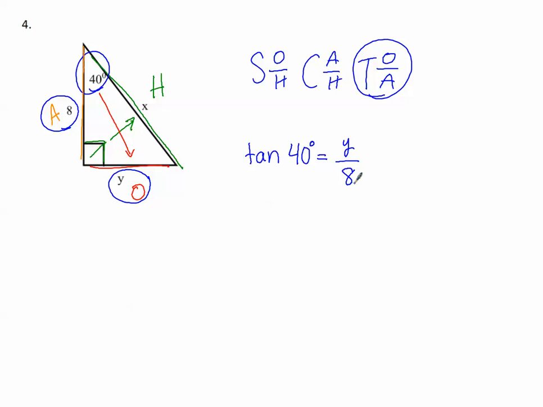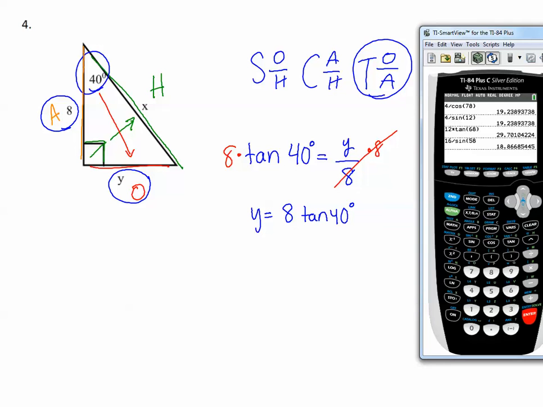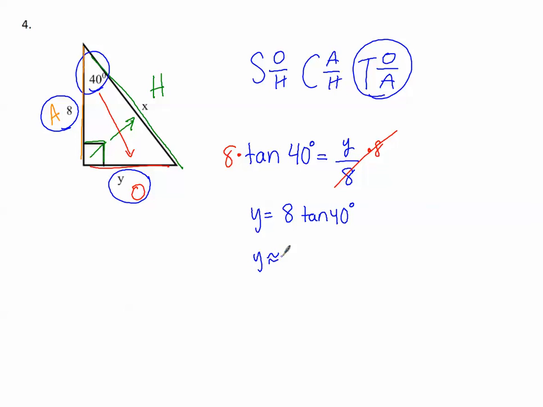Now, remember when y is on top, we multiply. Times 8 times 8. So I can write y equals 8 times the tangent of 40 degrees. Go to my calculator, 8 tangent 40, 6.7. y is approximately 6.7.